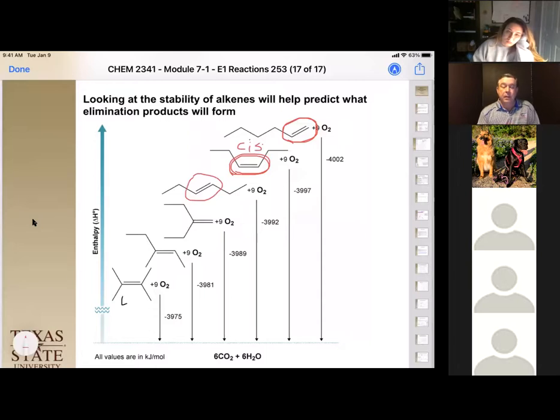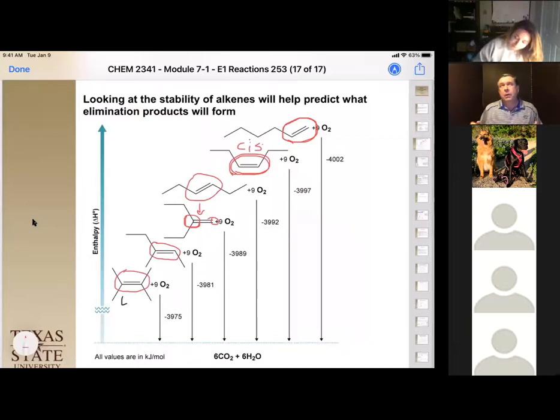Okay, so when we go to that, we can also get another one, the two on a single carbon, which is slightly more stable by 3 kcal per mole.